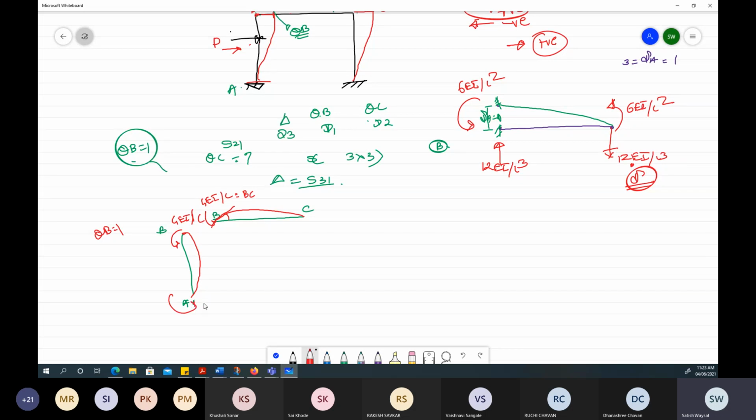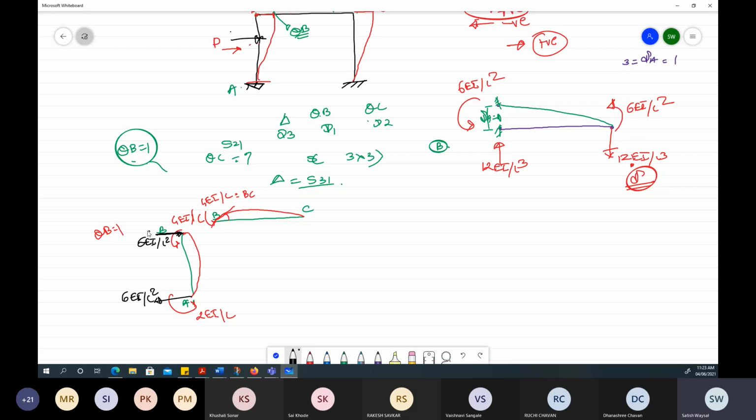And another moment in the same direction will be 2EI by L. We know that when we consider unit positive rotation, there will be one reaction upward and one reaction downward, and these reactions are 6EI by L square, and this is also 6EI by L square.